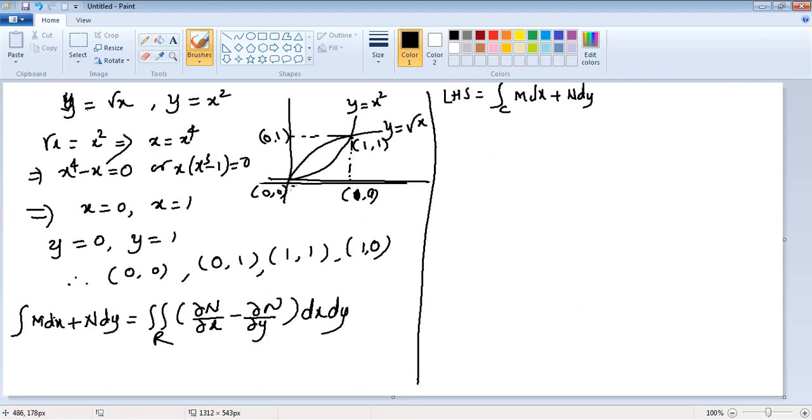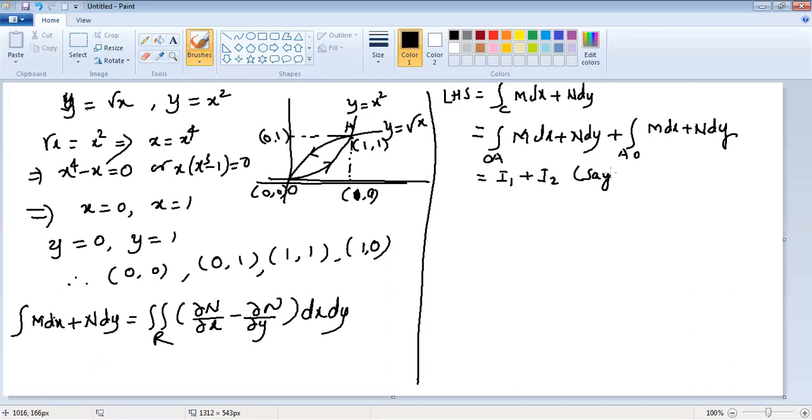Here I will denote this point by O, and this point is A. This whole space is C. Here it moves from O to A to O. So we can divide this integral into two parts: the integral from O to A of M dx plus N dy, plus the integral from A to O of M dx plus N dy. I will call them I1 plus I2.